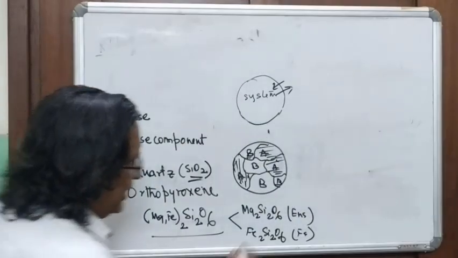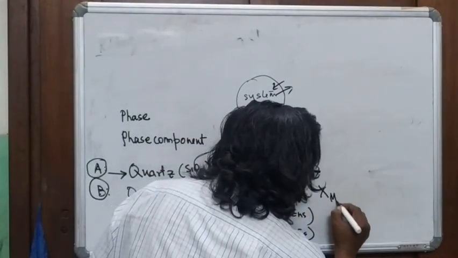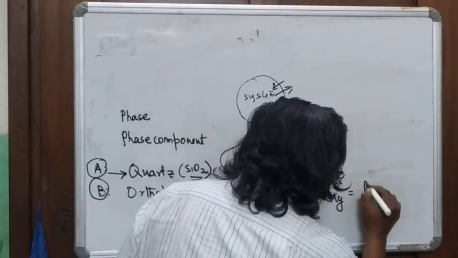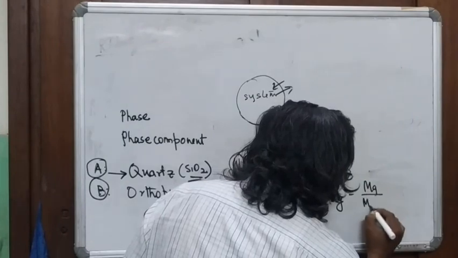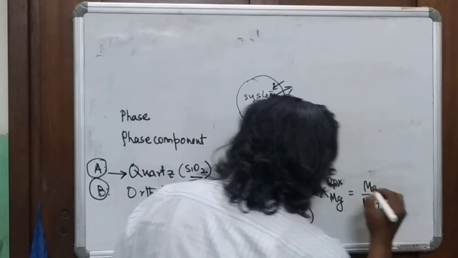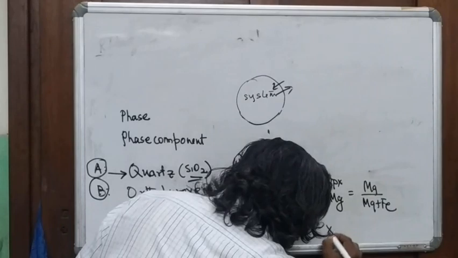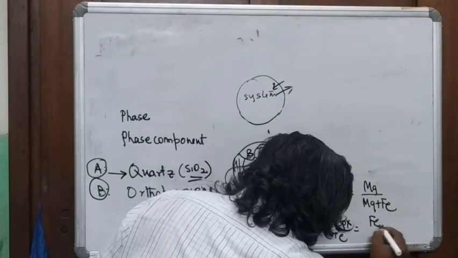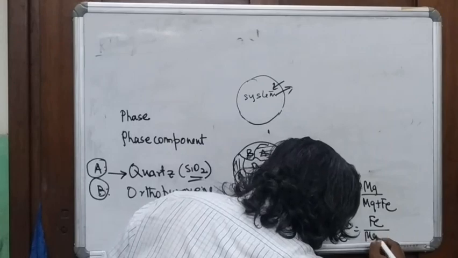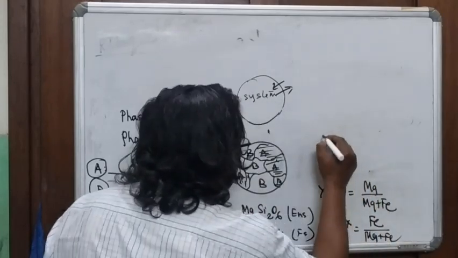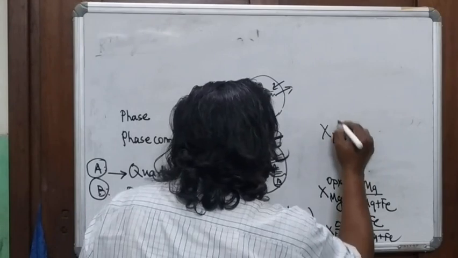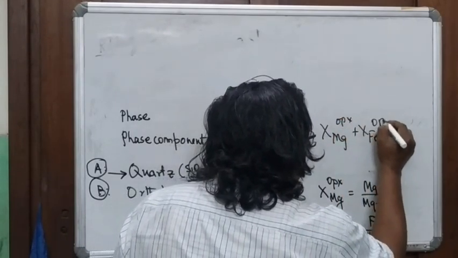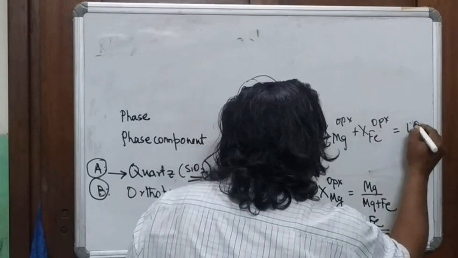So you can conceive of XMg in OPX is equal to Mg divided by Mg plus Fe, and XFe in OPX is equal to Fe divided by Mg plus Fe. Or in other words, XMg OPX plus XFe OPX is equal to 1.0.